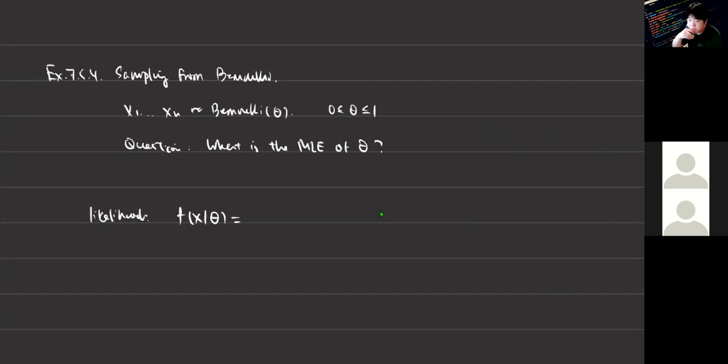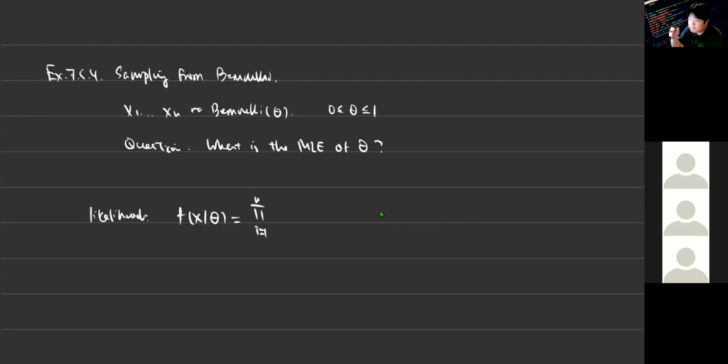The first thing is about the likelihood function. Let's write that out. It's a product of n terms. So this capital pi is essentially the product, i from 1 to n. Inside of this product, we're really looking at either the mass function or the PDF of whatever distribution we're looking at.